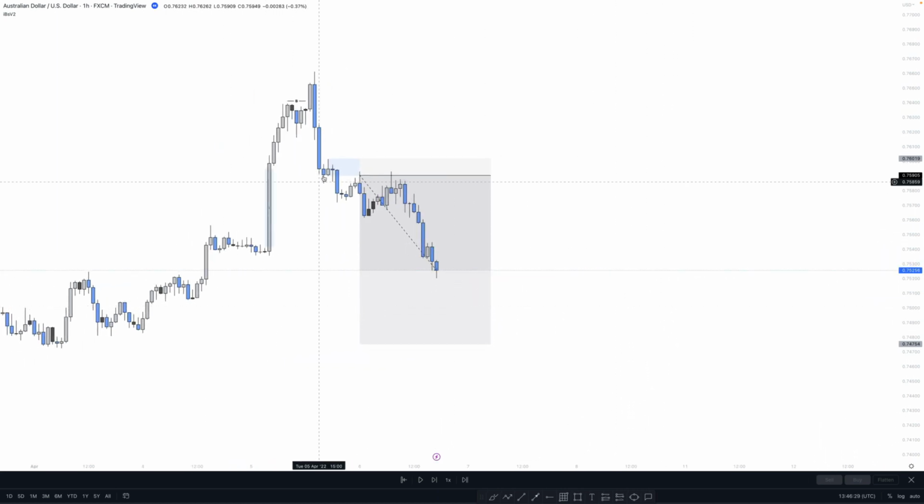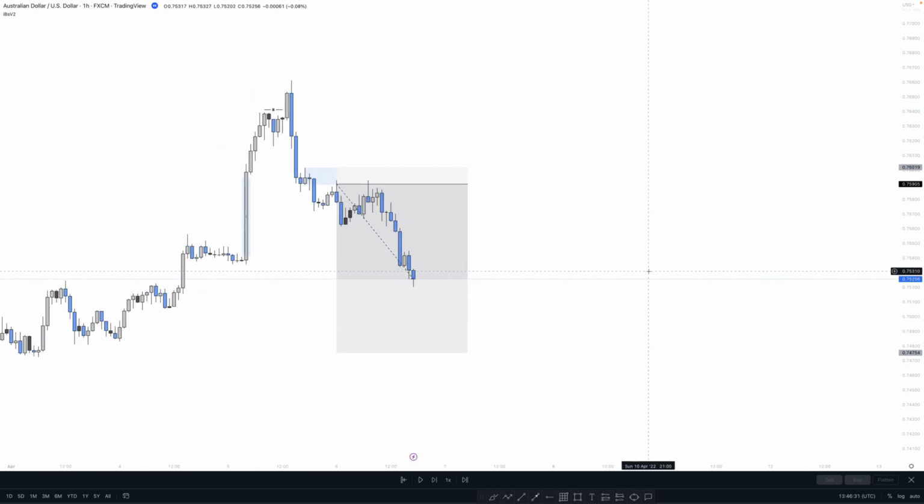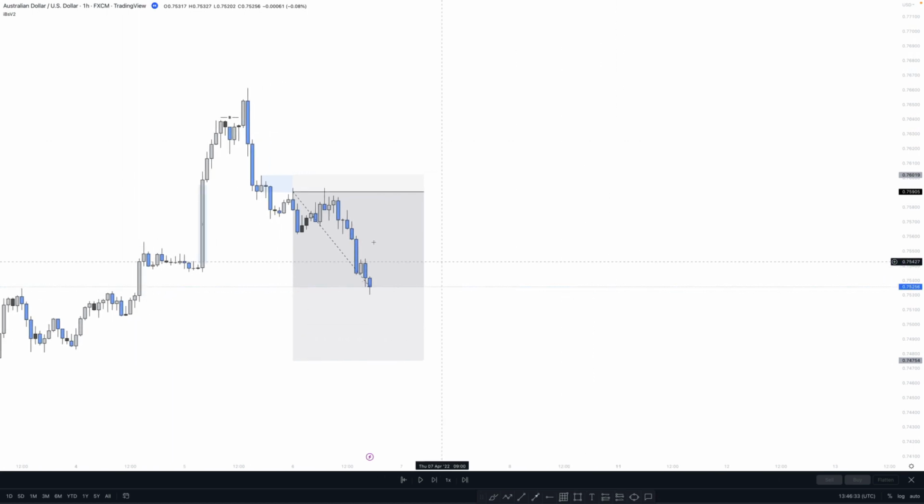So basically, price is going to dictate to you if you can take your trades, and use the imbalance as an extra confluence to your advantage. I took this entry here because I knew that price is most likely going to fill all of this empty space. Because again, imbalance acts like a gap in the market.